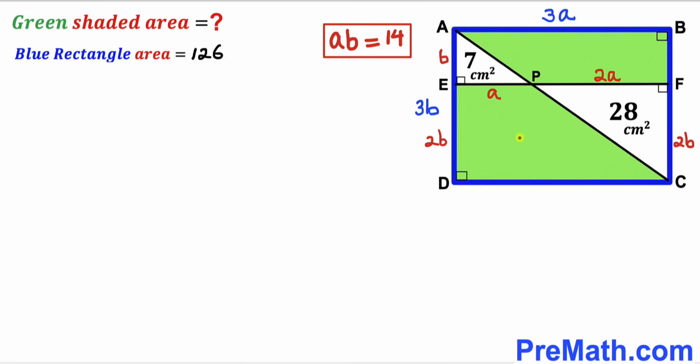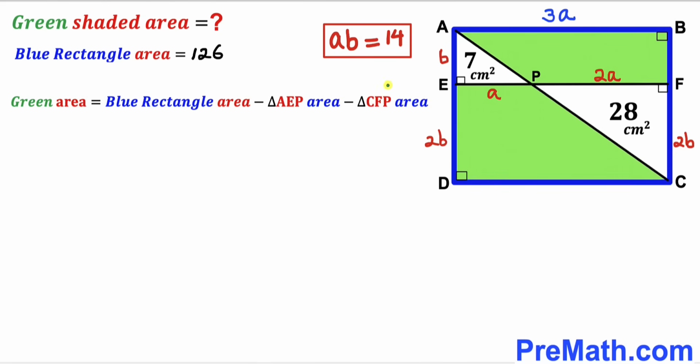Here's our final step: calculating the area of the green shaded region. The green shaded region area equals the blue rectangle area minus the triangle AEP area and minus the area of triangle CFP.